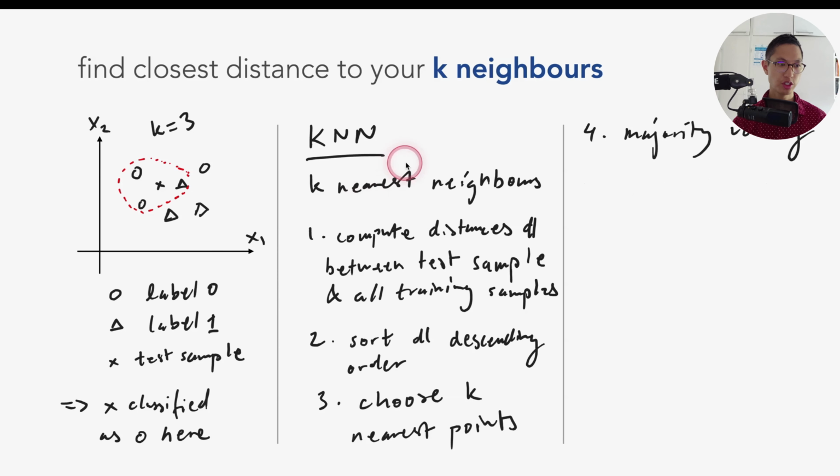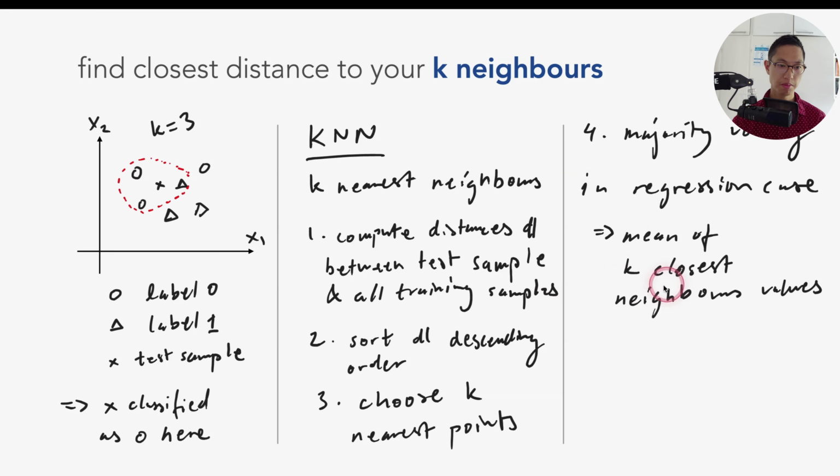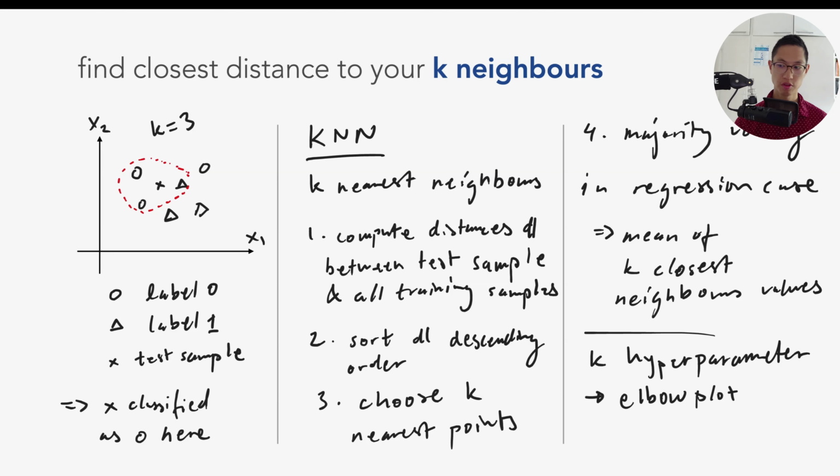Then when you have majority voting, for example, you have two here that are 0, and then you have one triangle, then the majority is 0. In regression case, you take the mean of the k closest neighbor values. K is a hyperparameter. How do we choose this one? You can do an elbow plot, for example, as we have seen in previous videos.